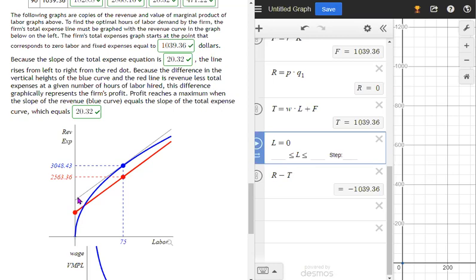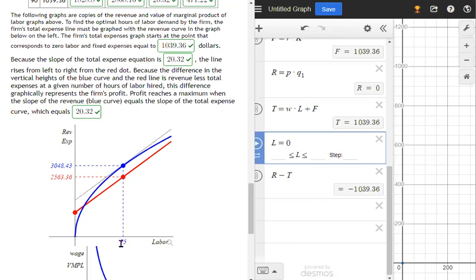This height here equals this height here. So the gray and red lines are parallel. So this point must be the point that corresponds to the optimal amount of labor demand, 75, right?